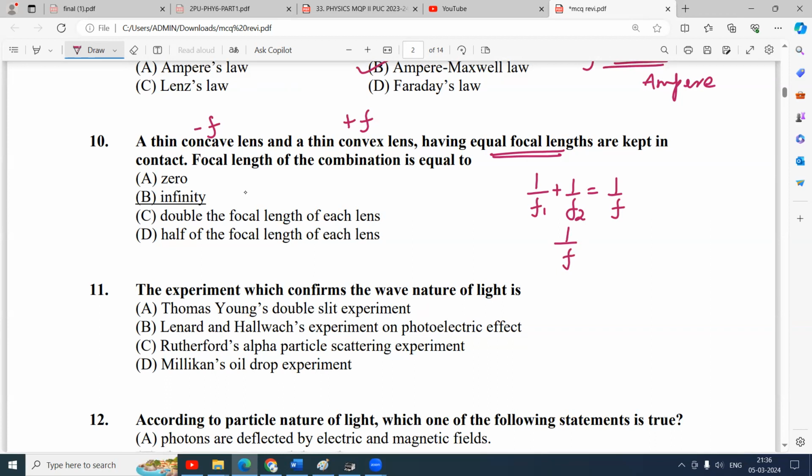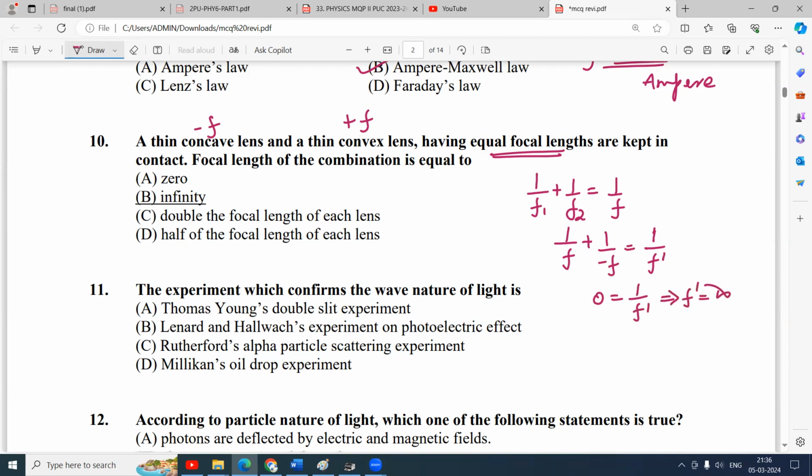So 1 by f plus 1 by minus f is equal to 1 by f dash. I'll write focal length of the combination. 1 by f plus 1 by minus f. So that gives 0. So 0 is equal to 1 by f dash. That implies f dash is infinity.